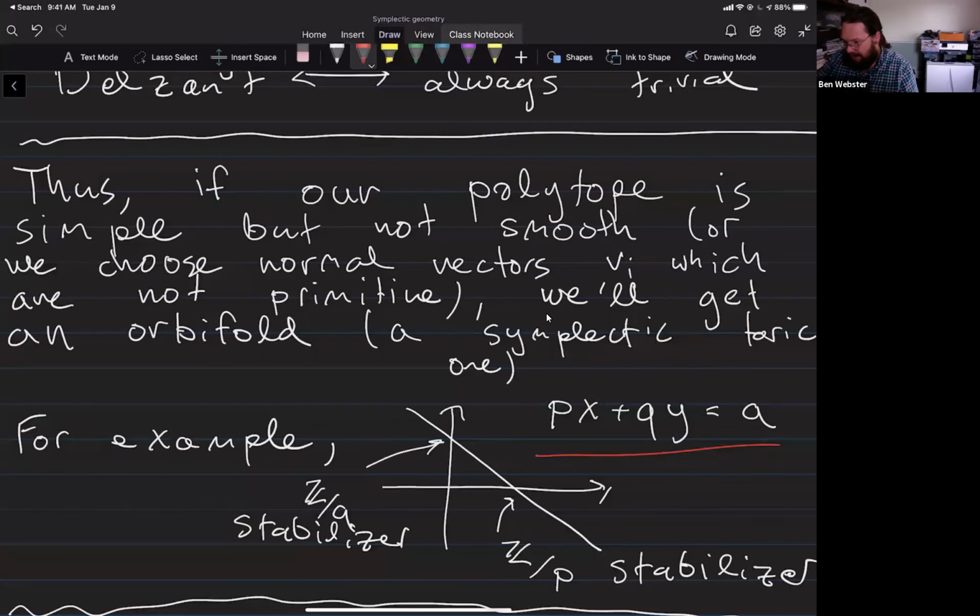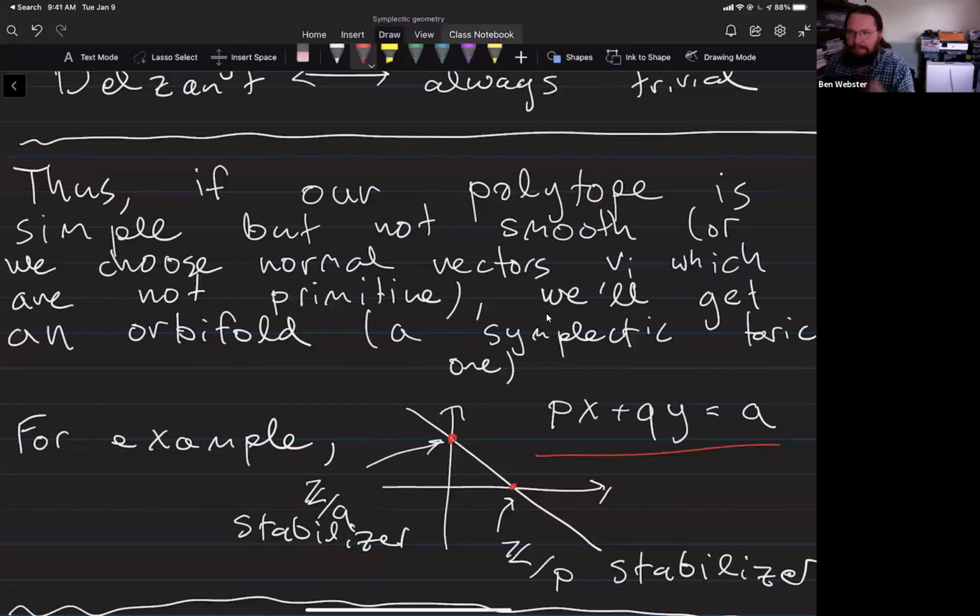The reason is exactly that when I look at these vertices, when I do my symplectic reduction, I'm going to have a stabilizer which is cyclic of order q at this vertex and cyclic of order p at this one. It's something about the fact that when you look at complex numbers that are sent to 1 by being raised to the q, you get the qth roots of unity. So this is where these stabilizers come from.